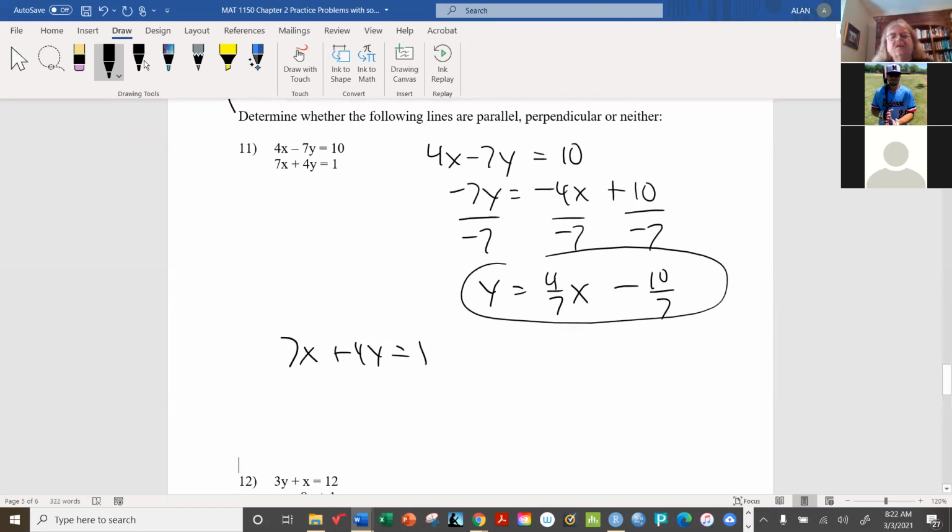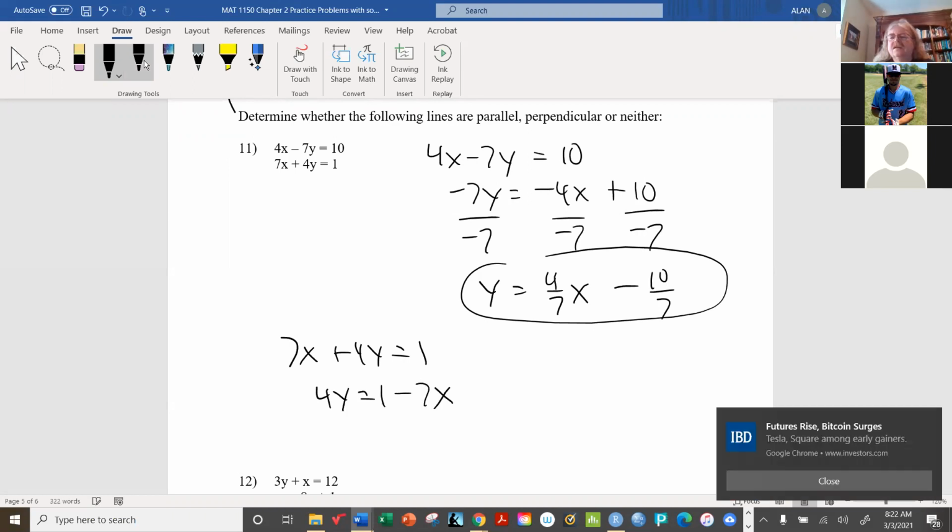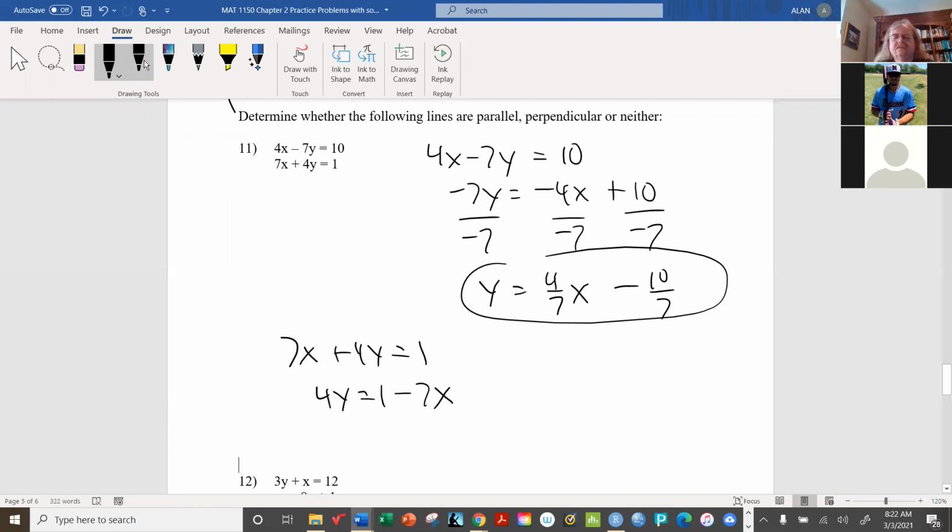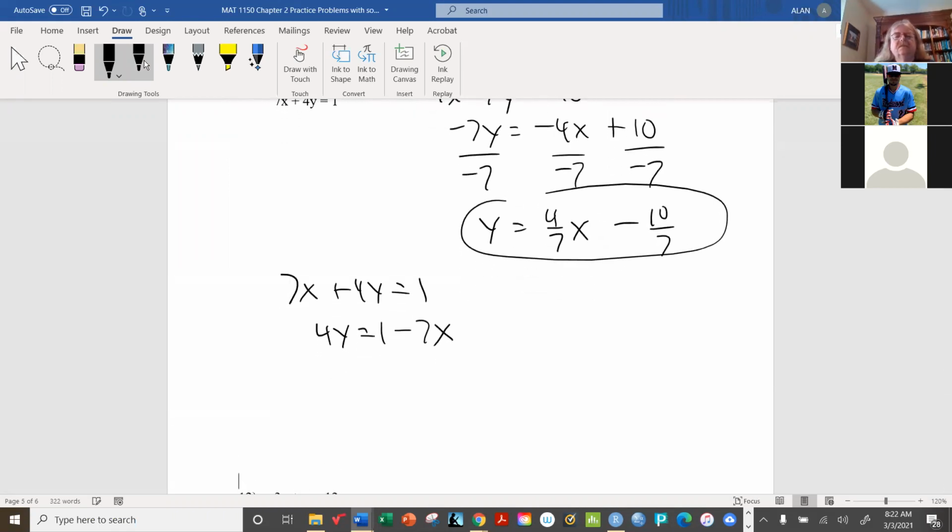So therefore, first get the x on the right-hand side. And we divide out the 4 from both sides. Actually, let me go back for a second.